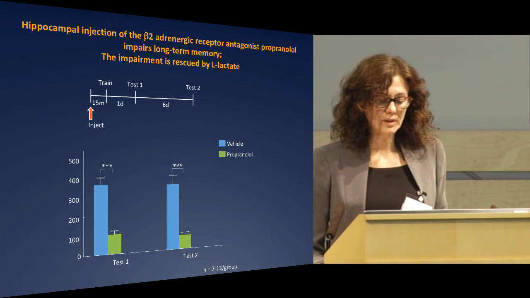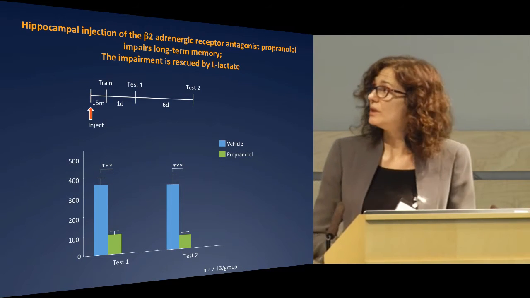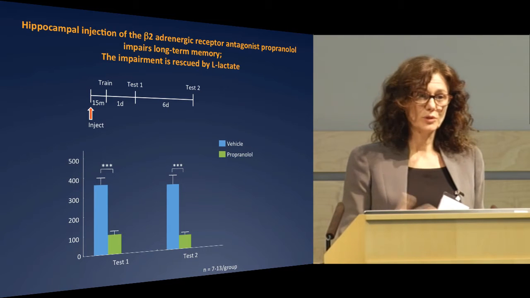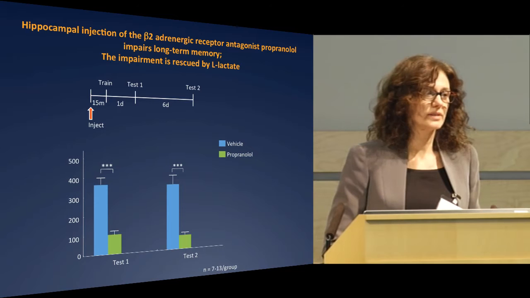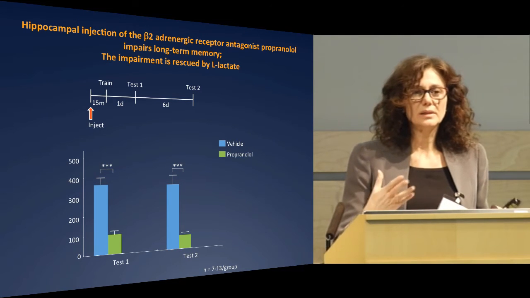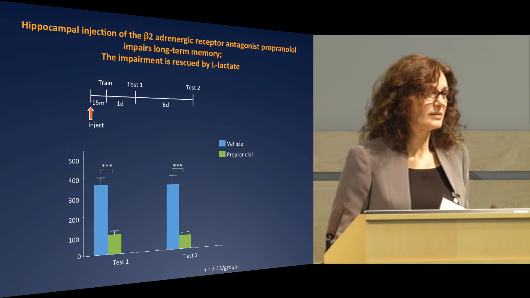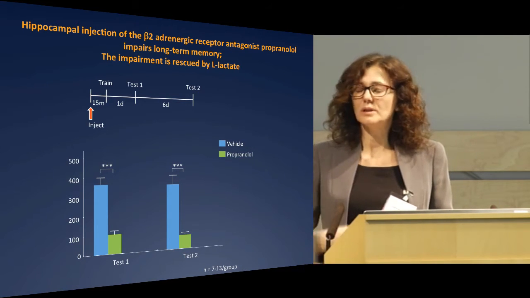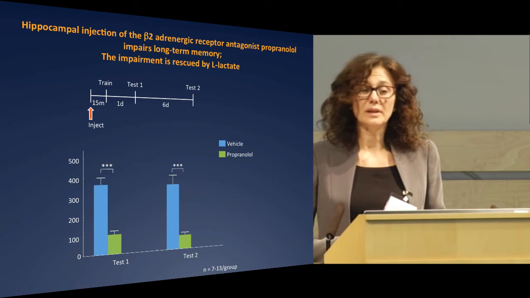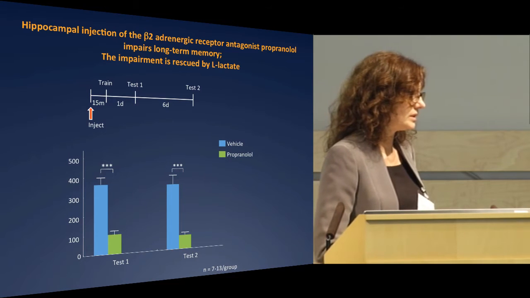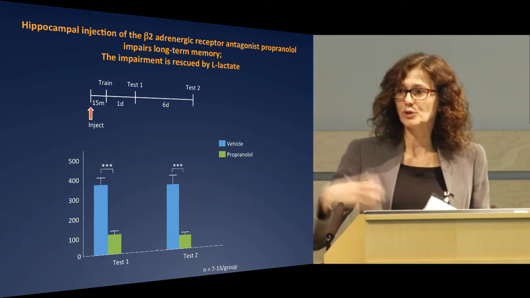So the first question she asked is whether, if we block receptors for noradrenaline, adrenergic receptors, in the hippocampus, we affect long-term memory. We predicted this outcome because a lot of studies have done similar experiments by targeting the amygdala, which is another region that is very enriched in these adrenergic receptors.